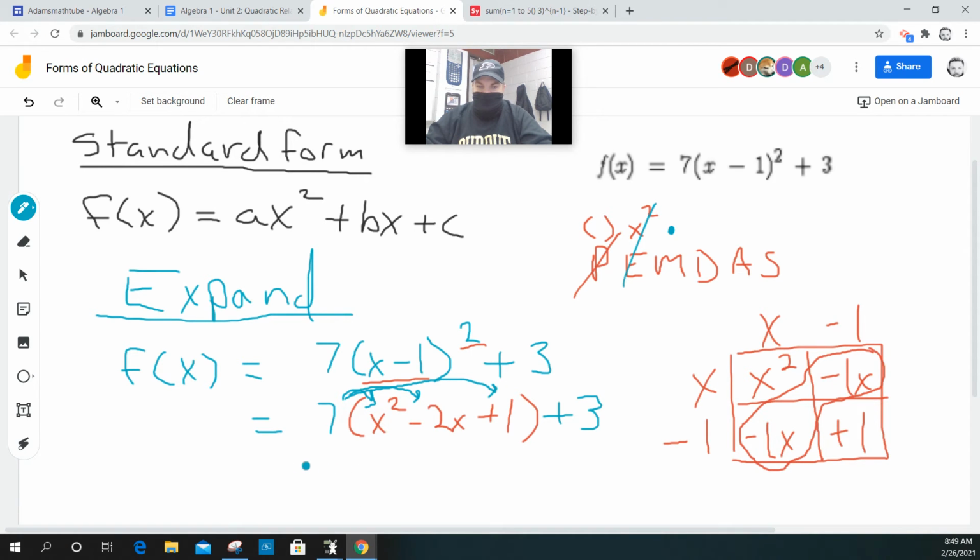So what is 7 times x squared? 7x squared. What is 7 times negative 2x? Negative 14x. What is 7 times positive 1? Positive 7. And then we're going to tack on this little plus 3 at the end.